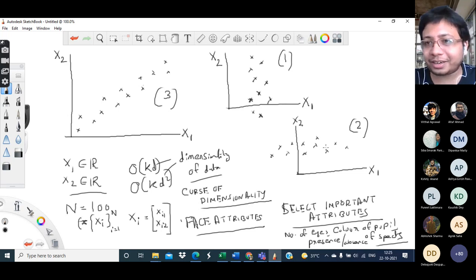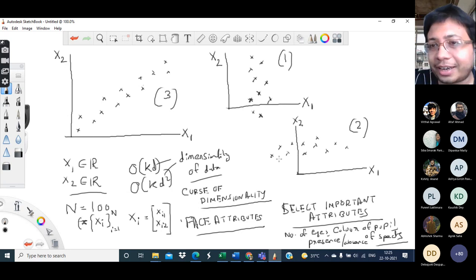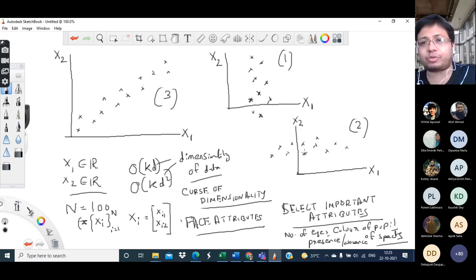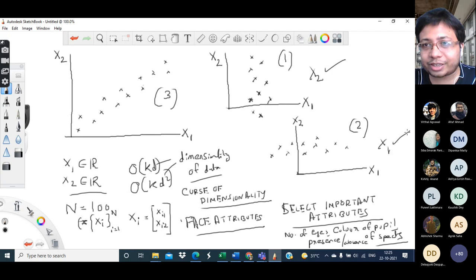In this data set, it's the reverse, right? It seems x1 has a lot of diversity, but x2 is more or less constant. So in this case I will say that x2 is important, and in this case I will say x1 is important.